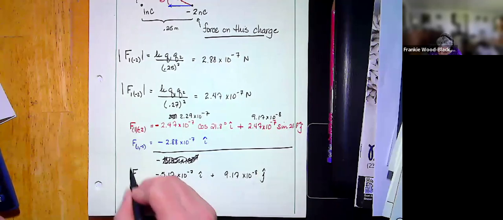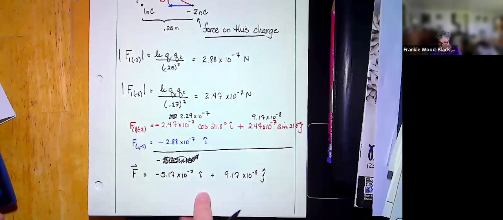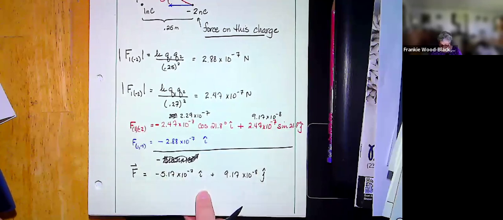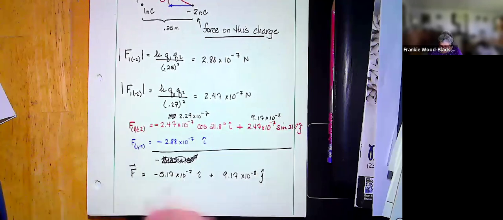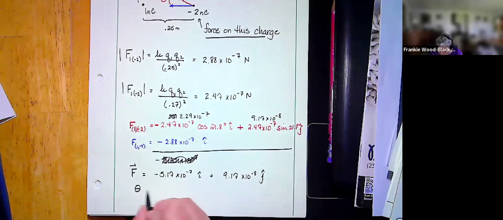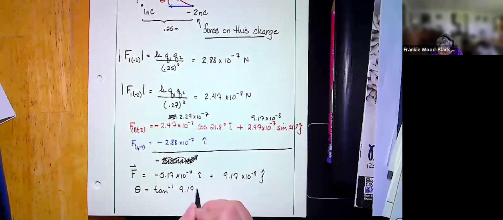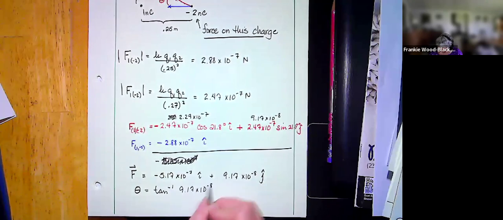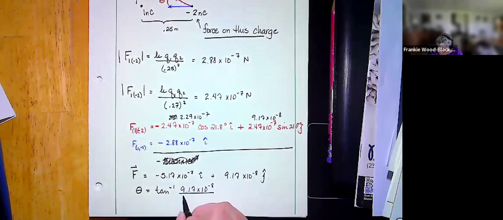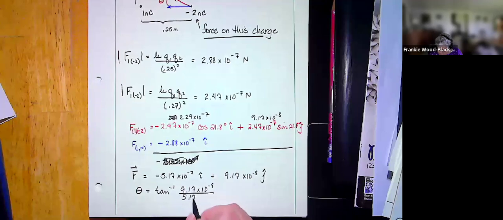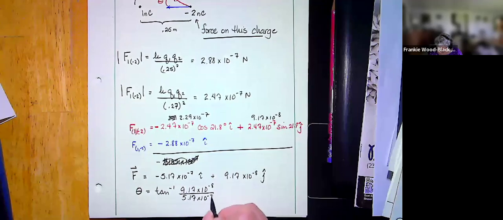And that's going to be my resultant force in its vector notation. Now, if I want to find the angle, that's the arc tangent of my 9.17 times 10 to the minus 8 and my 5.17 times 10 to the minus 7.